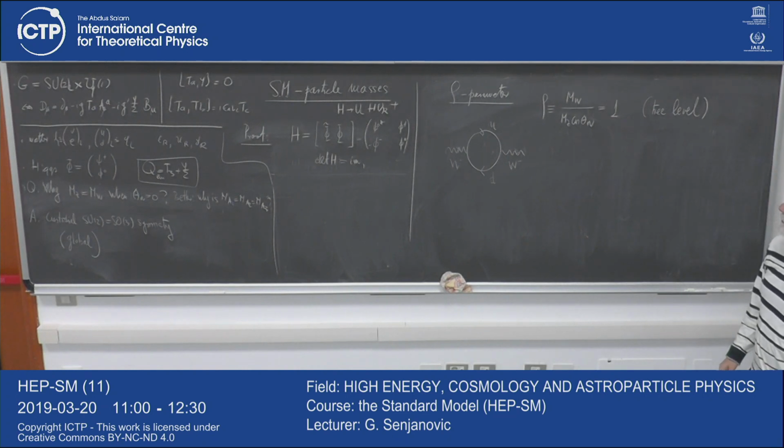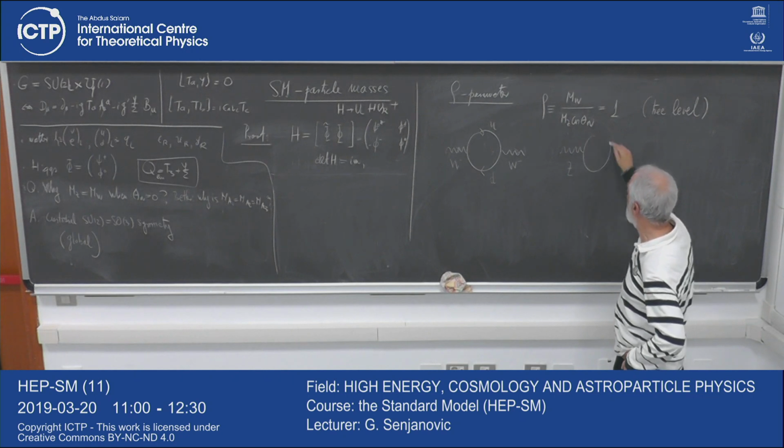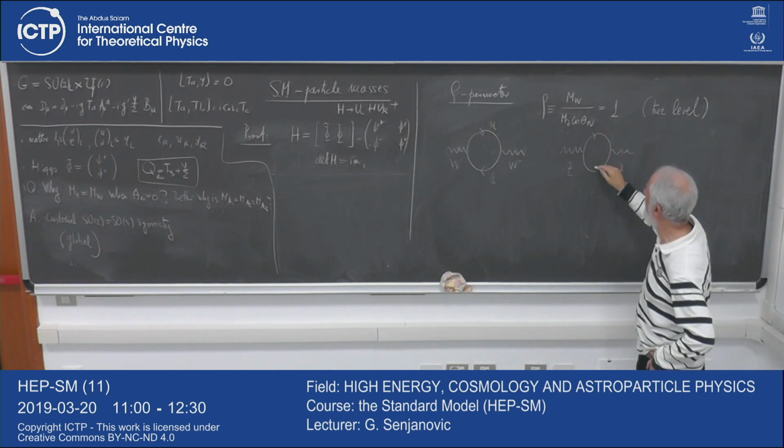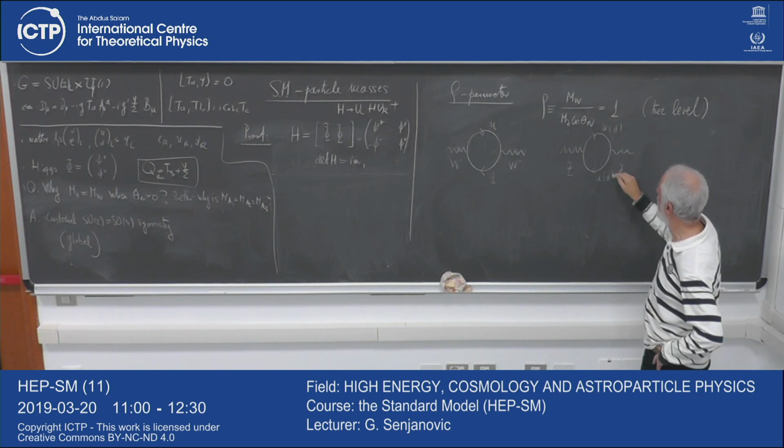Agree? Then there will be a Z boson loop. What will I have here? I will have either an up quark, this is neutral, or a down quark separately.